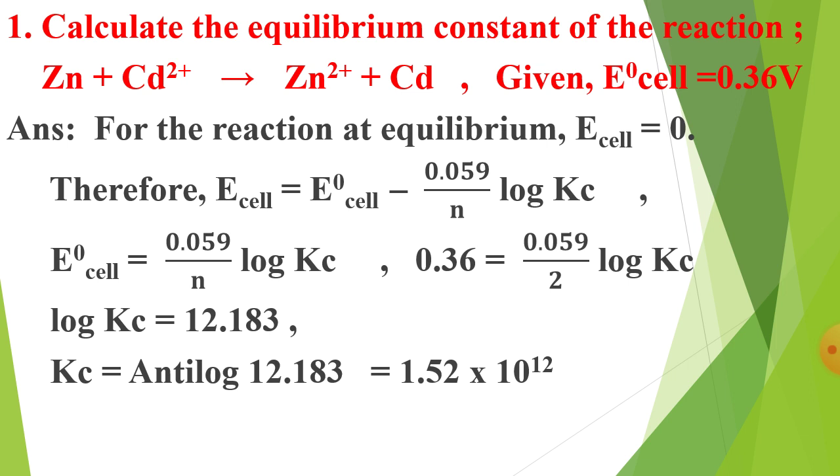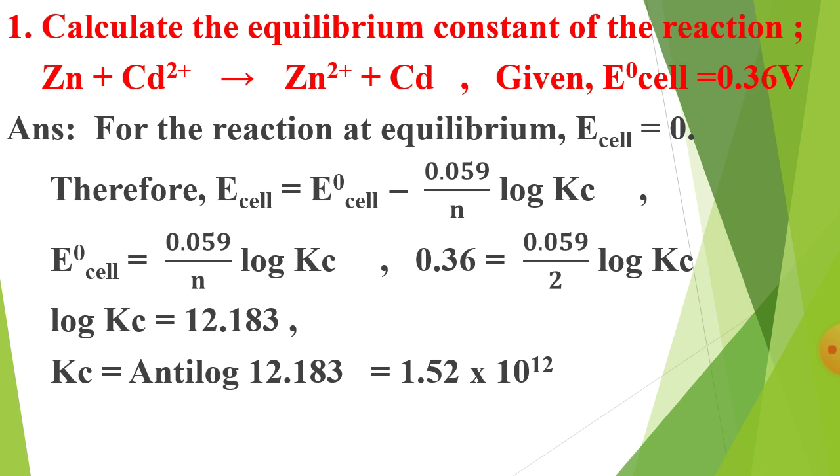Now E cell equals 0 because the reaction takes place in equilibrium. That's why E naught cell equals 0.059 divided by n log Kc. In this way we can find log Kc equal to 12.183. But we have to find Kc. That's why we write Kc equal to antilog 12.183. Now the digit before the point goes to the power. So here 12 is written before the point, so this goes to 10 to the power 12.